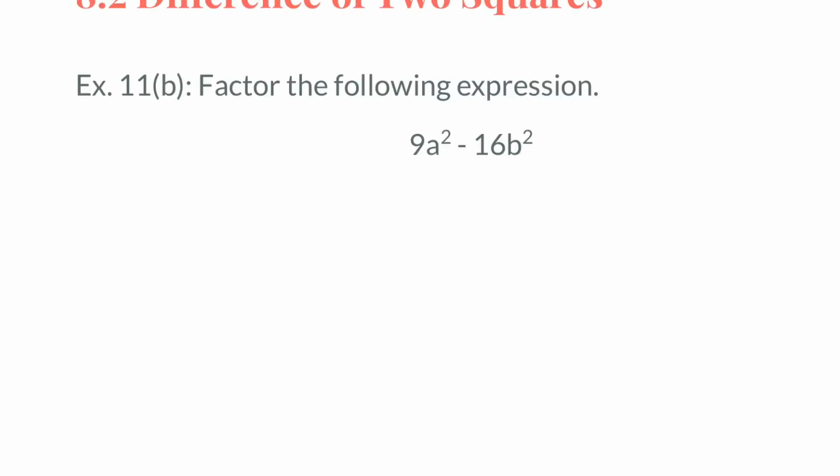So again, even here, as long as you notice that there is a subtraction between two terms, and there's a way to write each of those terms as a square of something. Can everyone see what needs to go in the first and the second brackets? Like really quickly, in the first bracket, what would you put? 3A. 3A, perfect. And the second one, there would be a 4B.